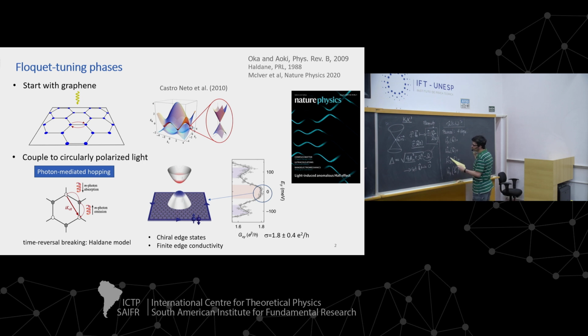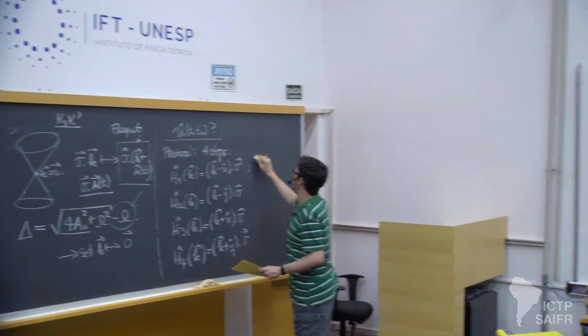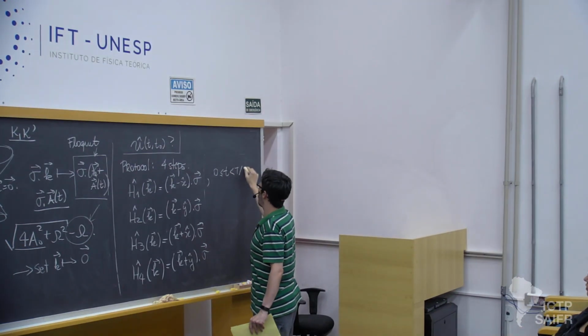So in this case, I will just write it as K minus X dot sigma, K minus Y dot sigma, K plus X dot sigma, and K plus Y times sigma, and this is for times between 0 and a quarter of the period.